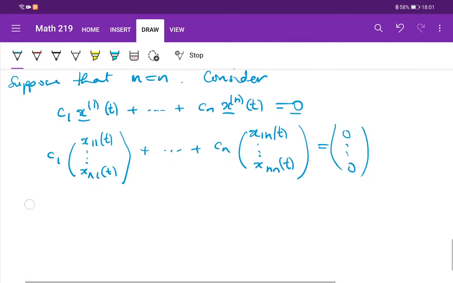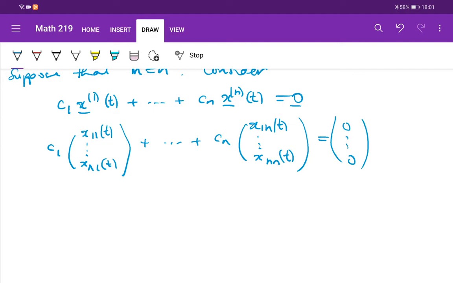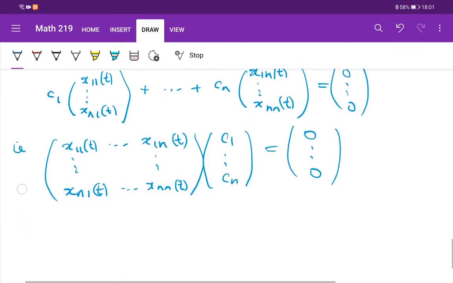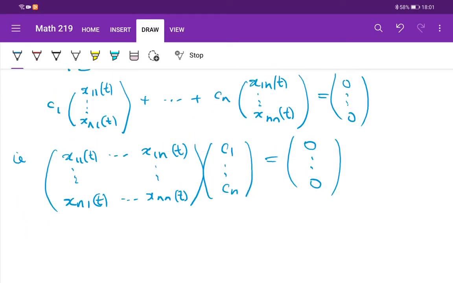Okay, so we see that we can write this out as a matrix equation. This is the matrix with entries x11(t) up to xn1(t), up to xnn(t), times the vector c1 up to cn, equals 0. And we know that if the determinant of this matrix here is non-zero, then the only solution is the trivial solution.